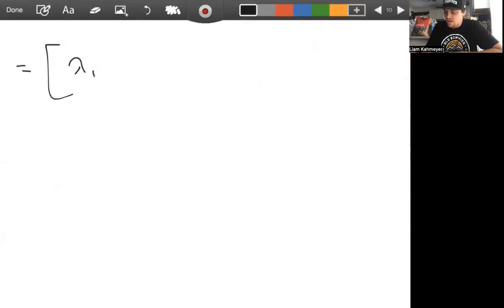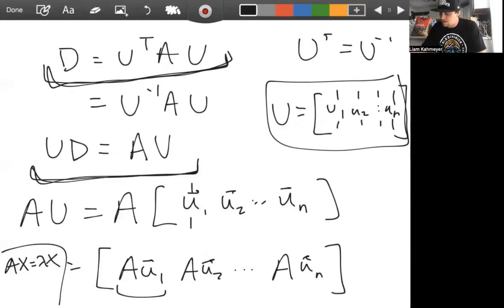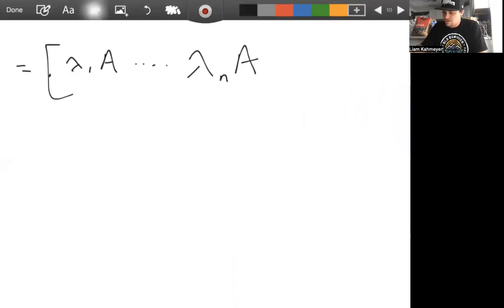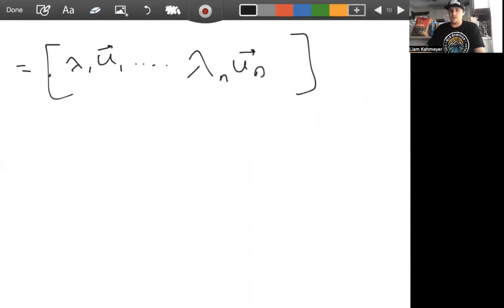So here we would have lambda 1 U1, et cetera, through lambda n UN, right?